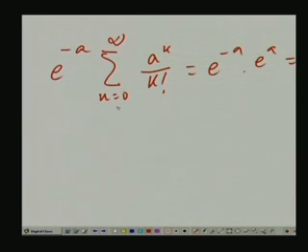We have to now find out the mean of x, that is E of x, and E of x square. To do that, we consider this exponential series.